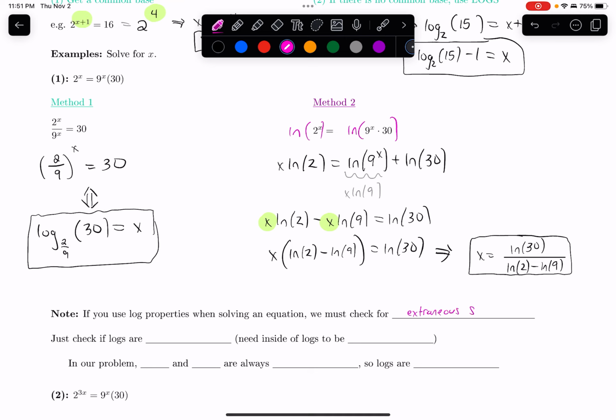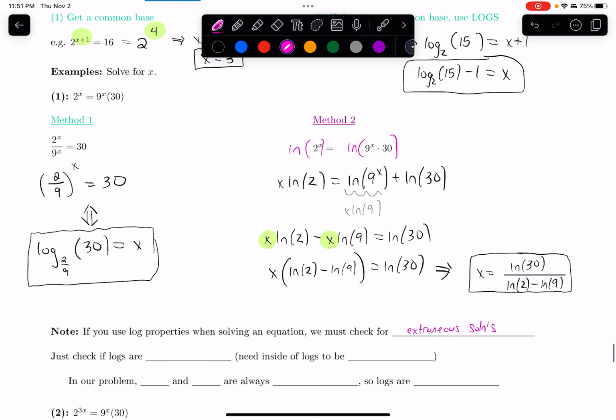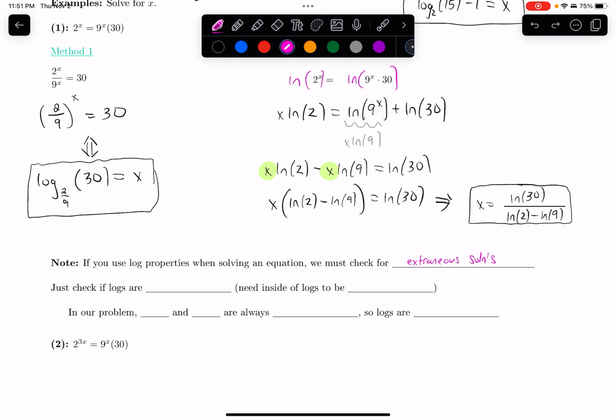We've got to check for extraneous solutions at the end because, as we've seen before, when we use log properties, sometimes what could end up happening is maybe some of the logs are undefined, while on the other side of my log property, maybe it was totally fine. So using log properties can lead to stuff being undefined. What I need to do when I do my extraneous check is check to see if my logs are actually defined.